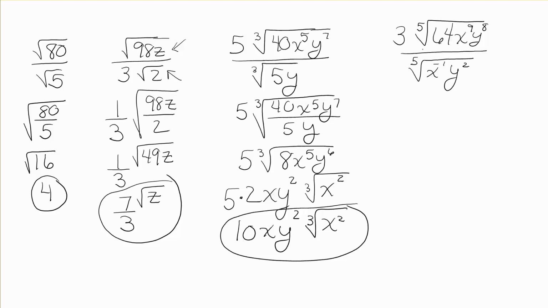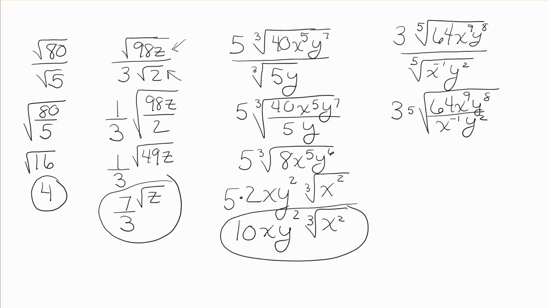One last problem here. We have 2 roots in our fraction. They have the same index. So let's combine them under one radical sign. And let's simplify what's underneath the radical first.